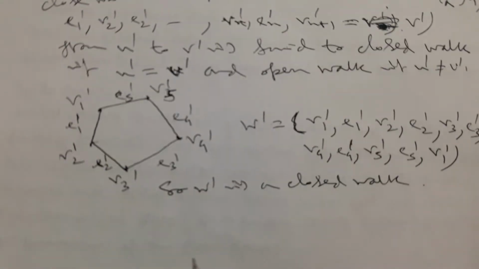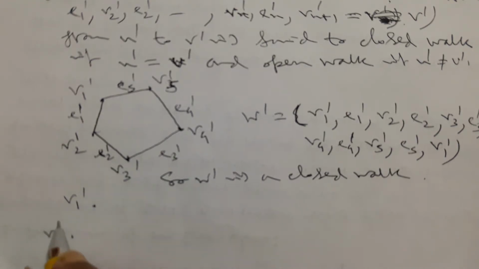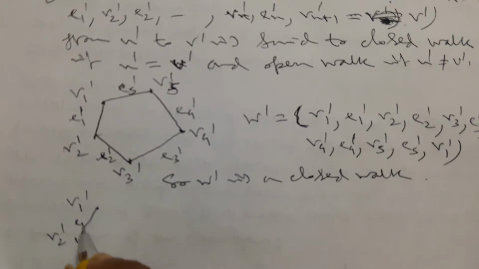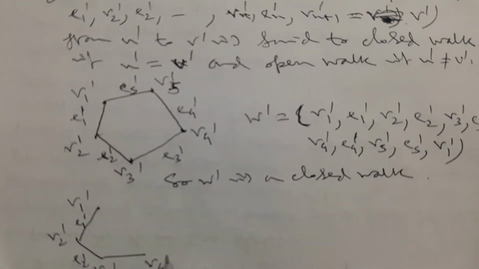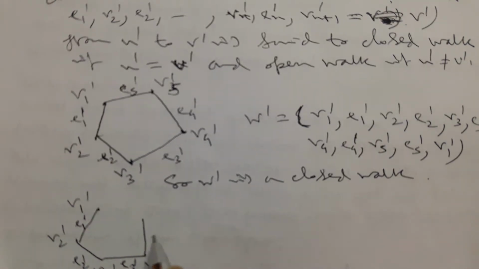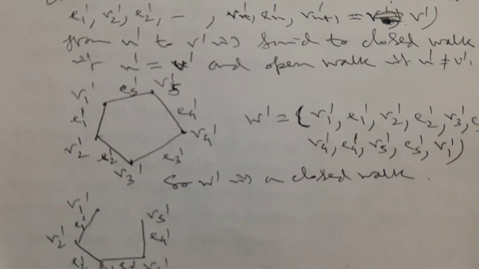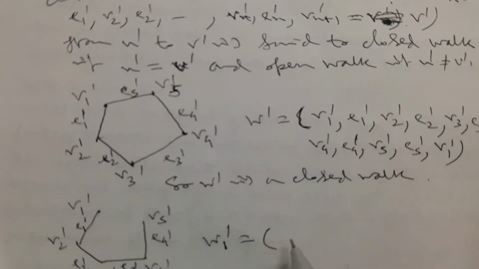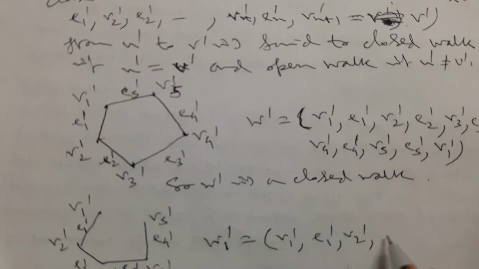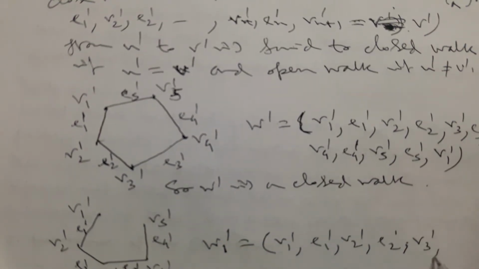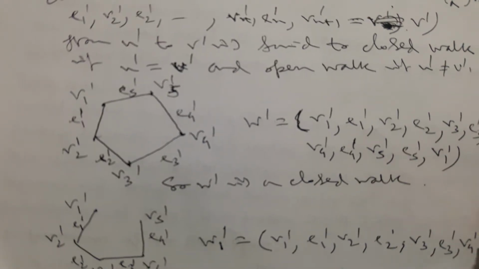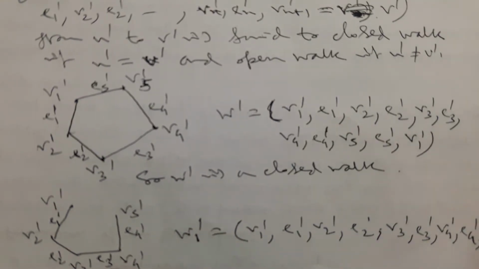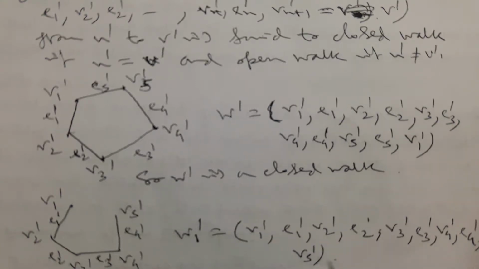And if we consider here v1', v2', v3', v4', v5' with edges e1', e2', e3', e4', and call this walk w1': v1', e1', v2', e2', v3', e3', v4', e4', v5'. Since v1' and v5' are not the same, w1' is an open walk.